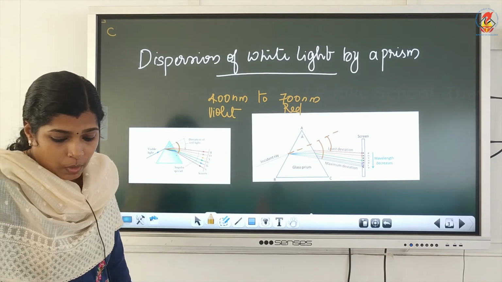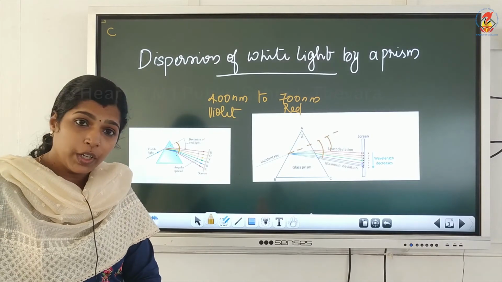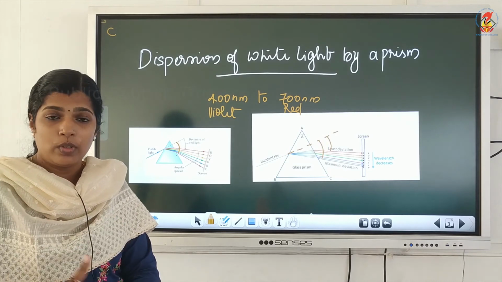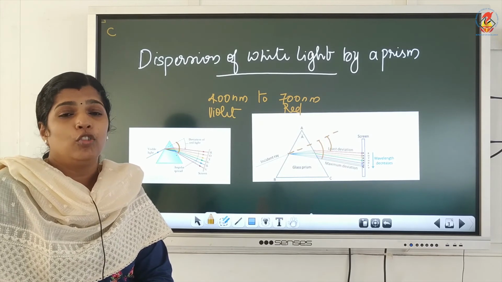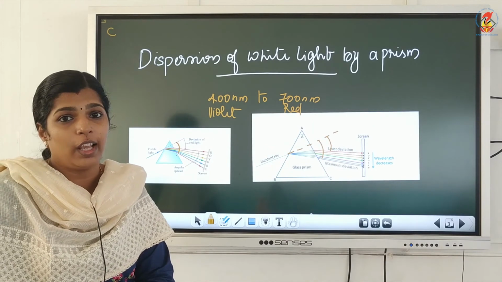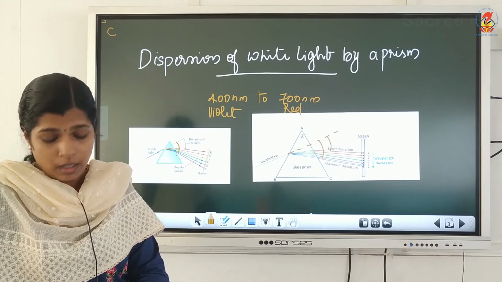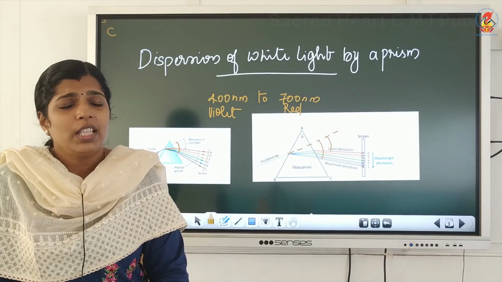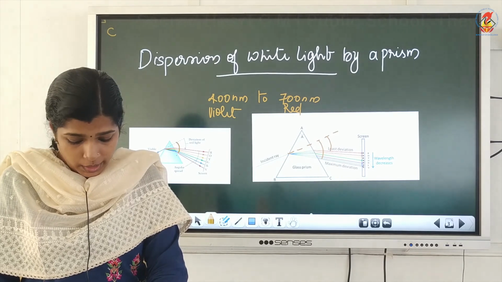He wanted to split the colors obtained during the dispersion of white light through a glass prism, that is violet, indigo, blue, green, yellow, orange and red, further with the help of another prism. But when he did the experiment, he could not get any more color.